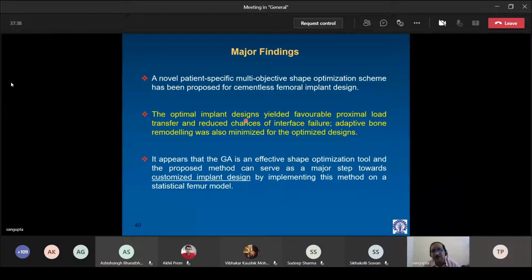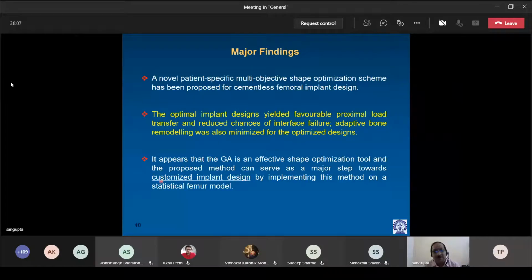The optimal implant designs yield favorable proximal load transfer and reduce chances of interface failure. Adaptive bone remodeling was also minimized for the optimal designs. So the genetic algorithm scheme is an effective shape optimization tool, and the proposed method can serve as a major step towards customized implant design.